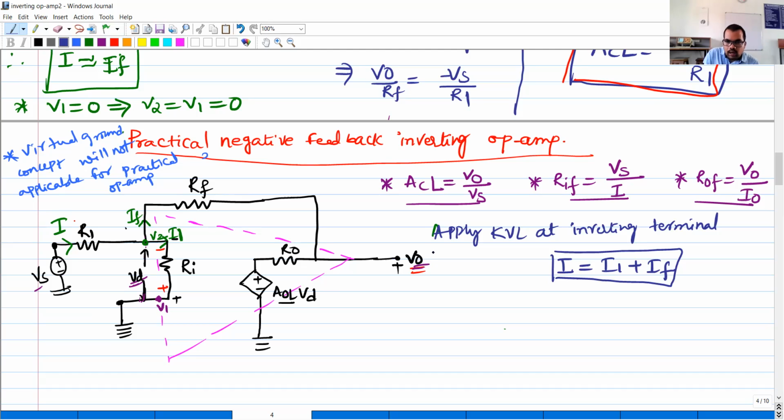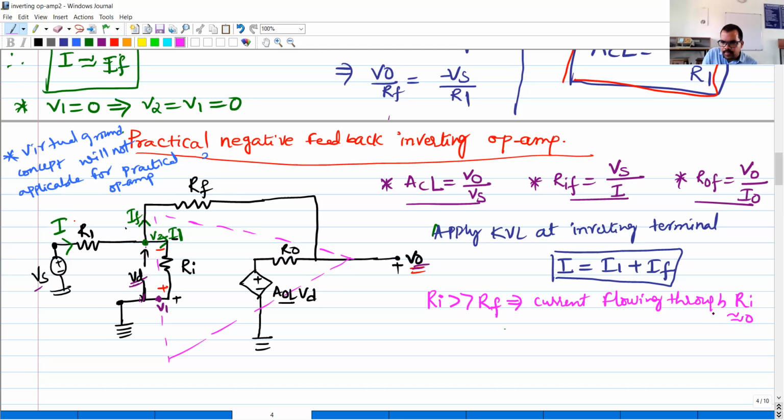Now here the input impedance of the operational amplifier is very high compared to the feedback resistance. So here Ri is very much higher than RF, so the current flowing through Ri is approximately 0, right?